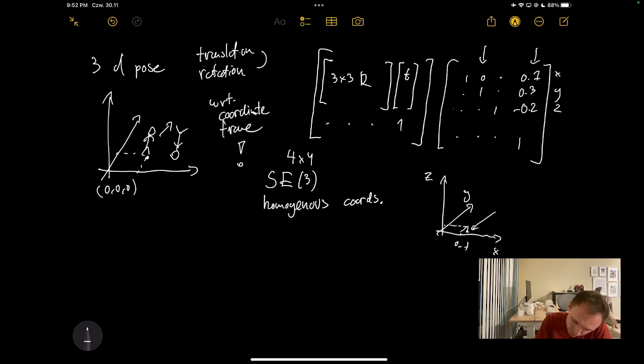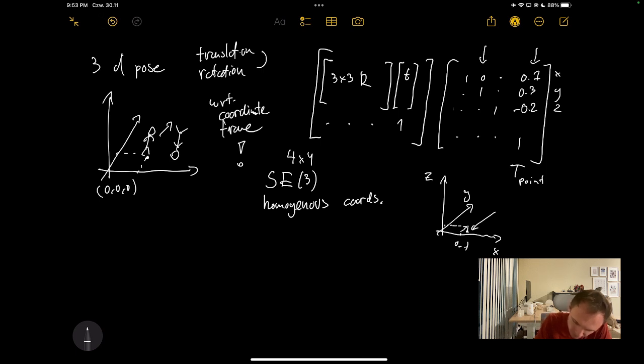This is my point that's represented by this pose T, and that's the position of the point. Sometimes I call a point pose a transform, since it's a transform that takes me from the beginning of this coordinate system to where this point is.